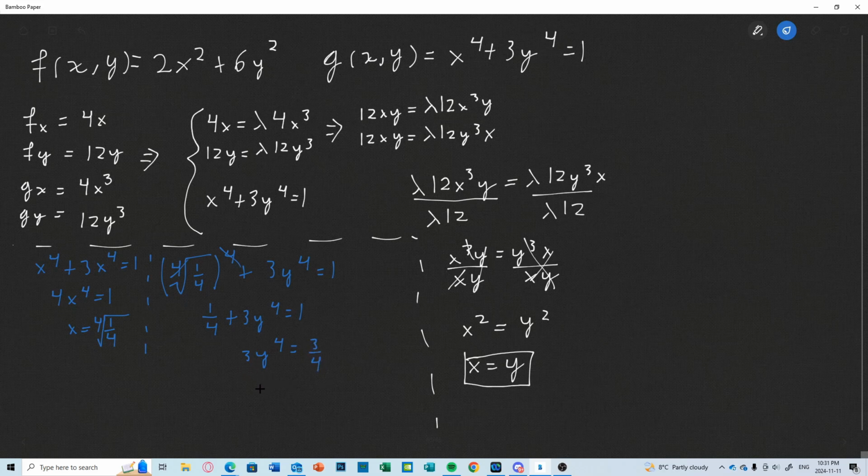Now divide both sides by 3, so y is going to be equal to the 4th root of 1/4. So we get the point of the 4th root of 1/4 and the 4th root of 1/4.